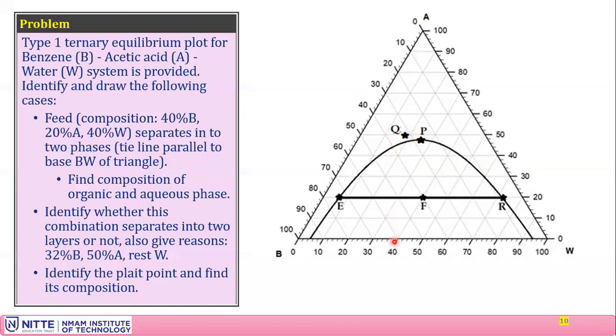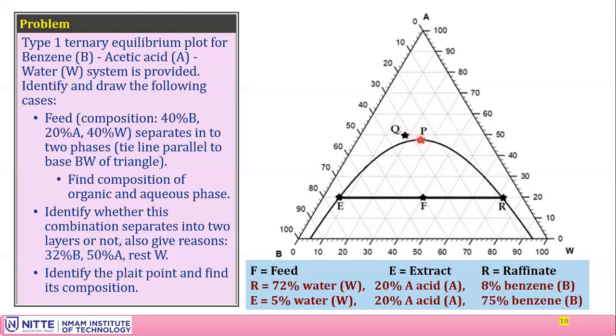What you have to do is draw a line parallel, just move it upward, and the extreme point that you reach is the plait point. So this particular line, if you keep moving it upward, this will be the extreme point, and that's the plait point. The next part is you have to find out their concentration, E and R. R and E composition, you have to find out.